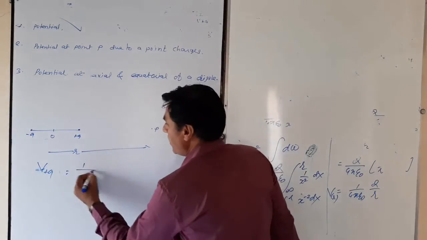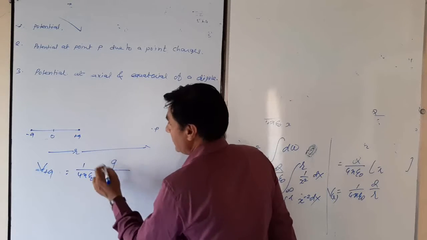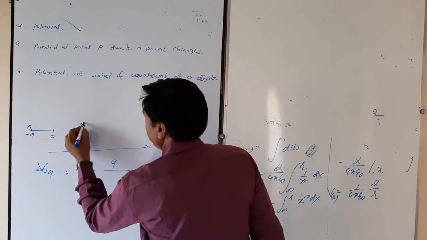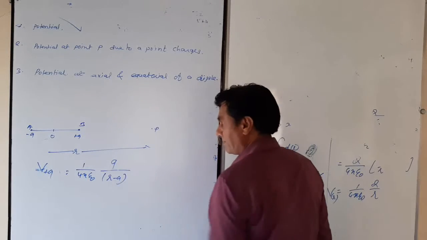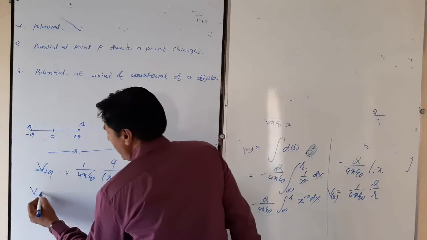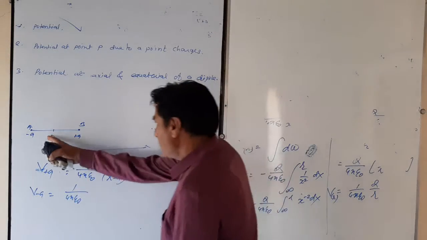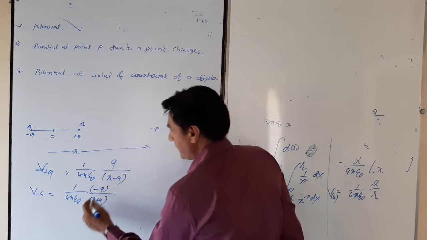So V due to plus q is 1 upon 4 pi epsilon 0 q upon BP, and BP is r minus a. Now V due to minus q is 1 upon 4 pi epsilon 0 minus q upon r plus a.